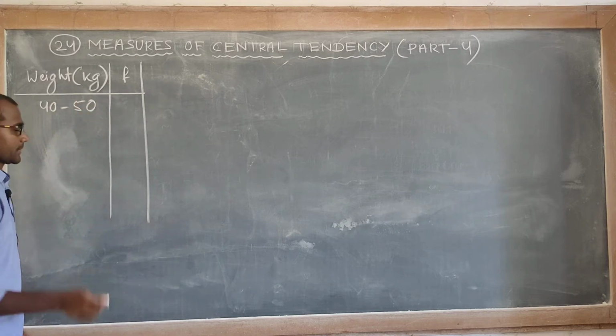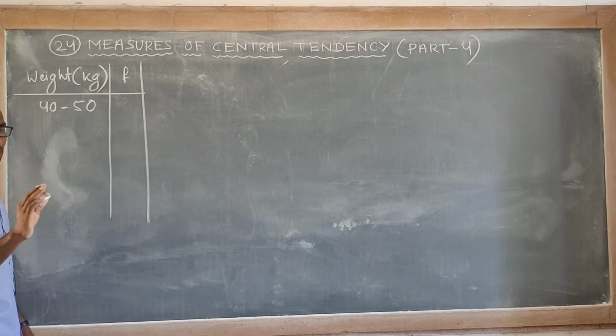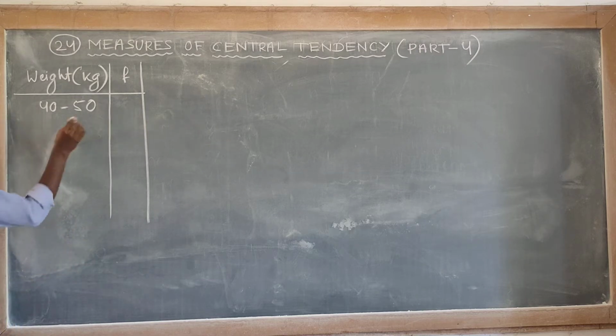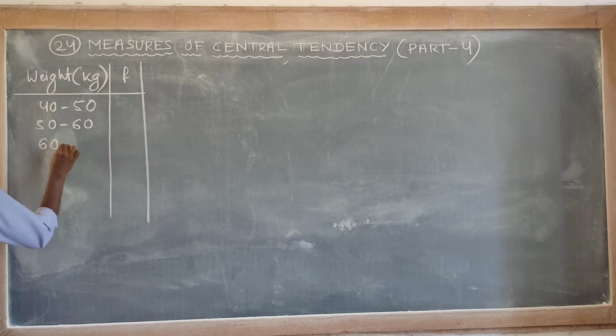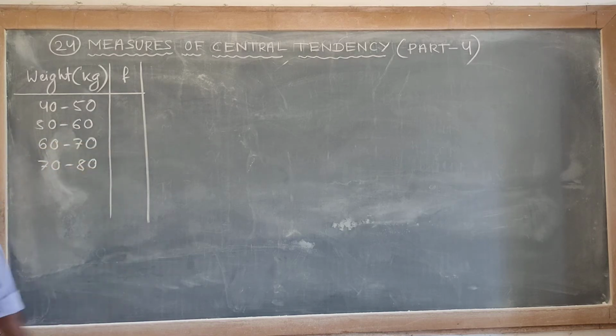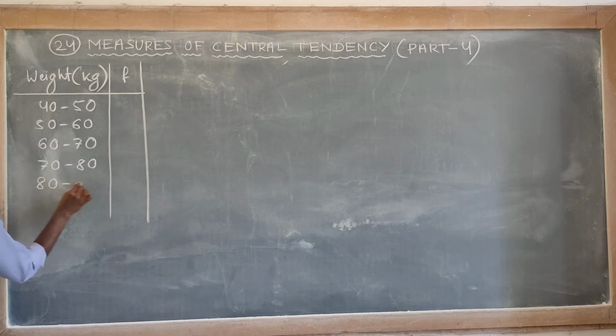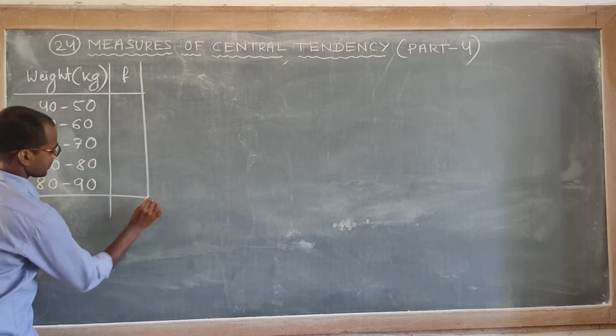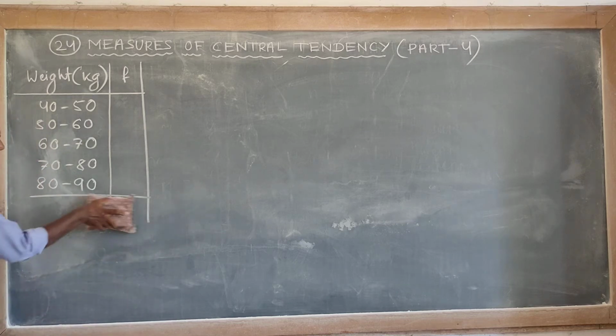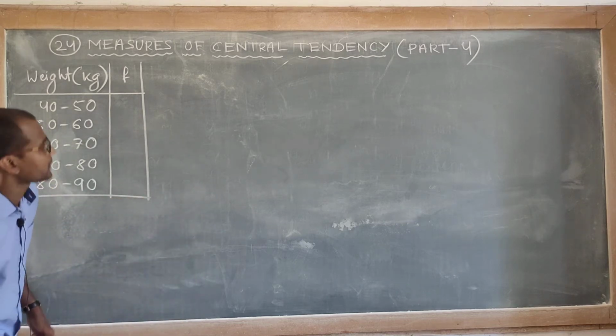Let us take 40 to 50. Class size will be 10. 40 to 50, 50 to 60, 60 to 70, 70 to 80, and 80 to 90 we can take. I am taking 5 class intervals.